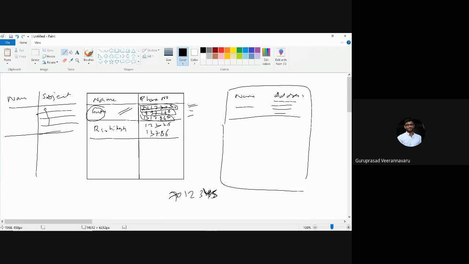Instead of this, a better way is that instead of storing everything in one column, I store it in different rows.